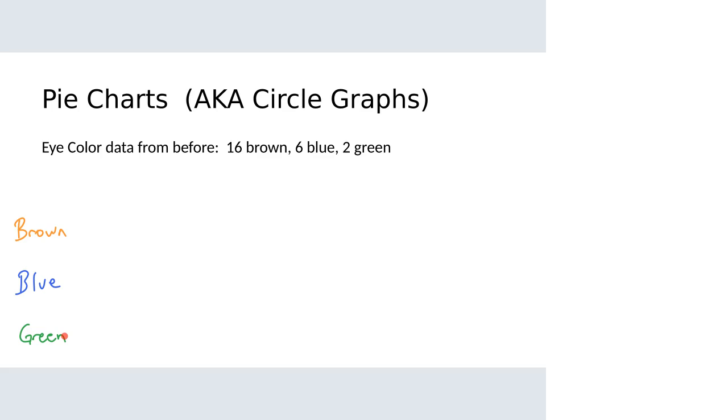And the number of students that had each of those eye colors: well, let's see, brown were 16 students, blue was 6 students, and green were 2 students. We saw what a bar graph would look like. Now we're going to make a pie chart out of that data.